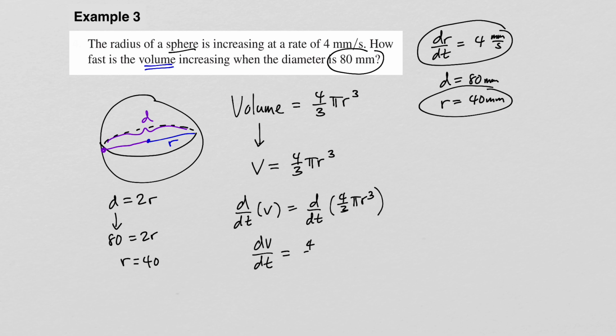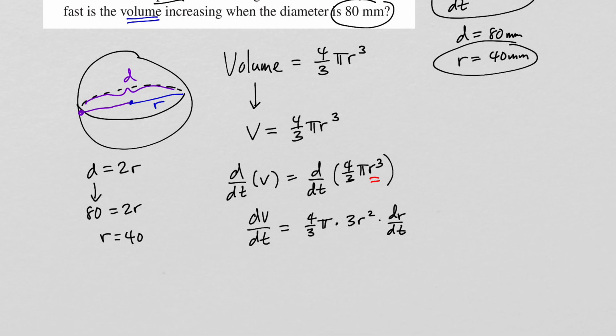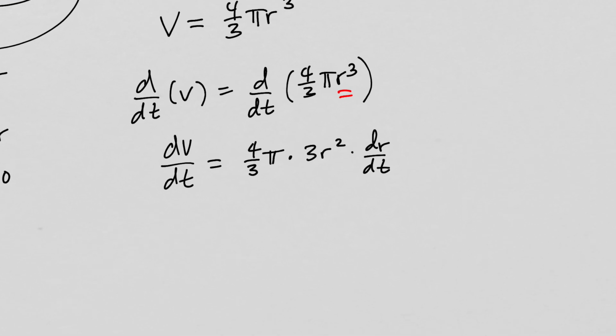On the right side, we have a constant 4/3 pi, and then we're going to multiply that by the derivative of r cubed, which is 3r squared times dr/dt. We could do a little bit of simplifying here. The 3's cancel out, and we get dV/dt is 4 pi r squared times dr/dt.